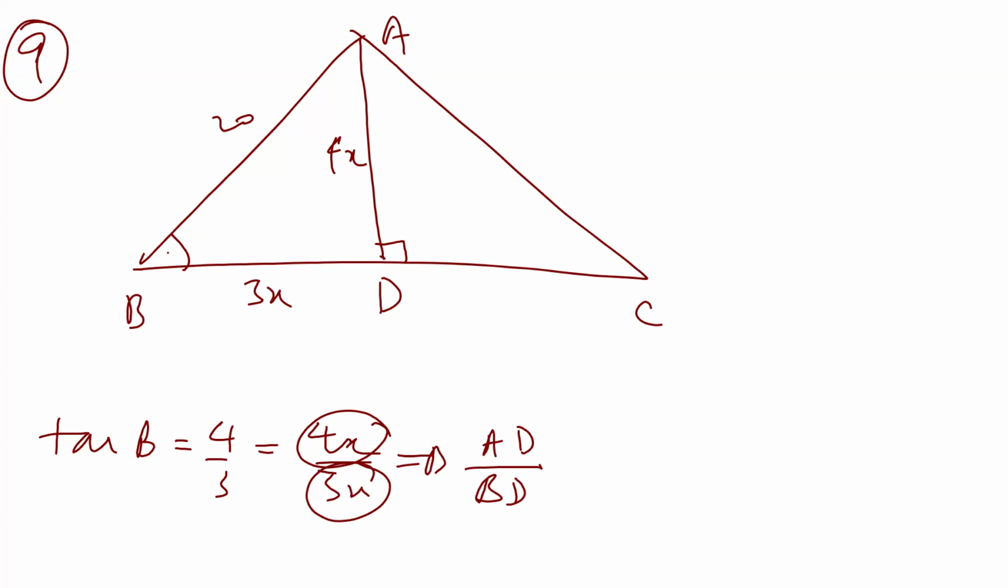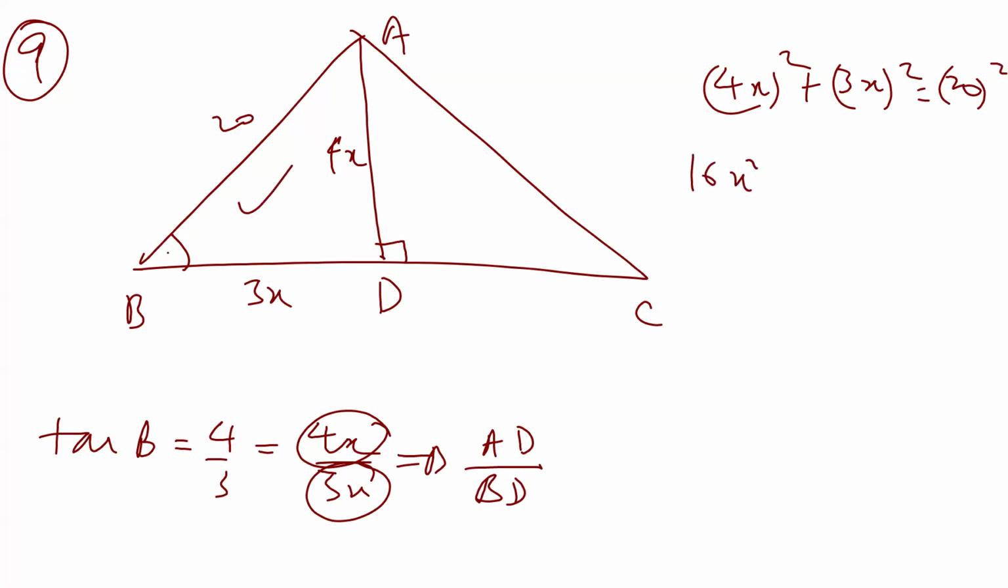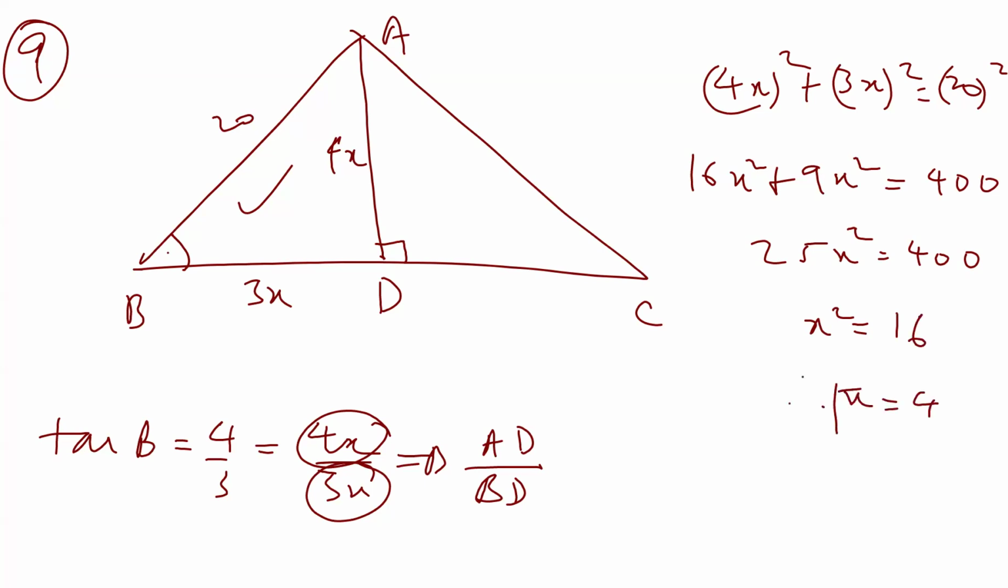Then Pythagoras theorem, 4x the whole square plus 3x the whole square is equal to 20 square, in this triangle. 16x square plus 9x square is equal to 400. 25x square is equal to 400. x square is equal to 16. Okay. Therefore, x is equal to 4. Let's not take minus 4 because these are lengths.